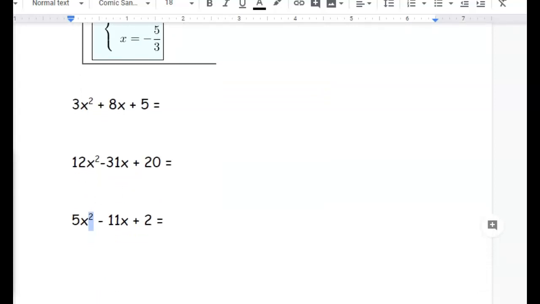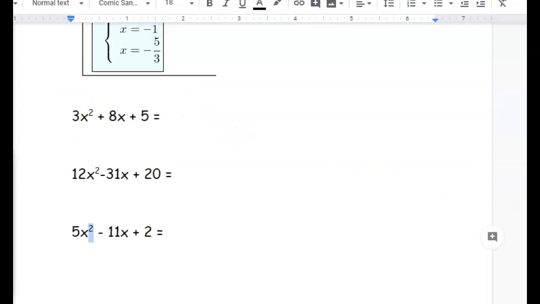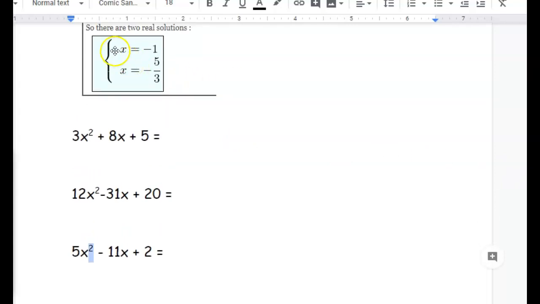I have already factored these ahead of this video using the quadratic formula. The two solutions up here are the solutions to this first one. What we're going to do is put that into factored form. When I look at these two roots, I want to take them back to factored form.